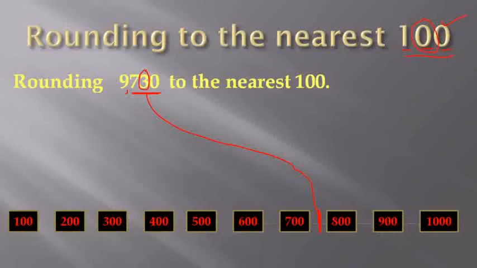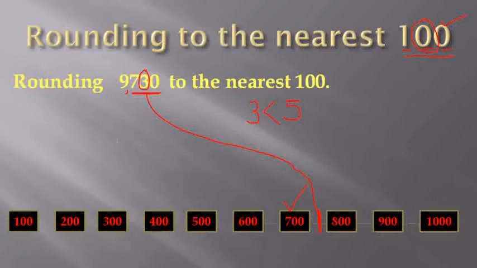Okay, so the tens place digit is 3 here, and you know that 3 is less than 5. Any number which is less than 5, we round down this number. So we will convert 730 to 700.